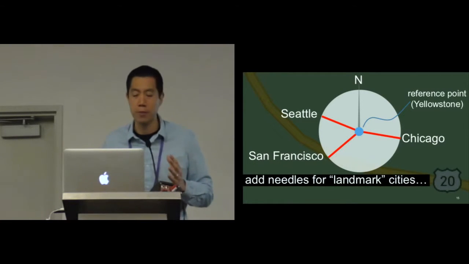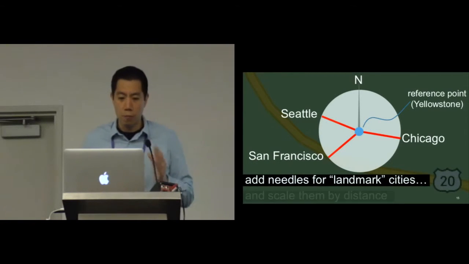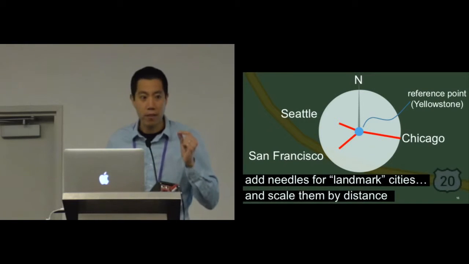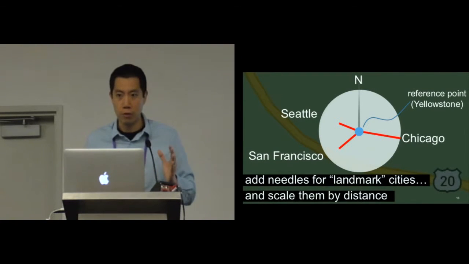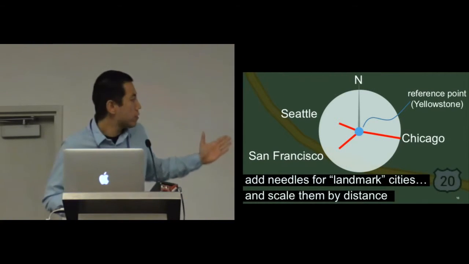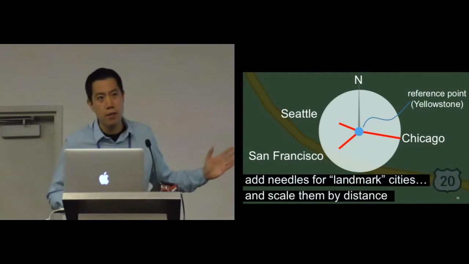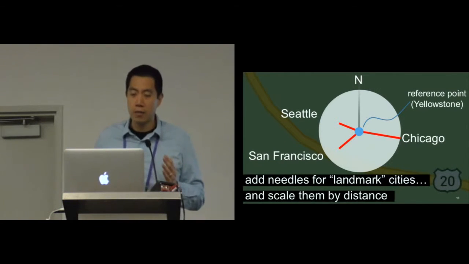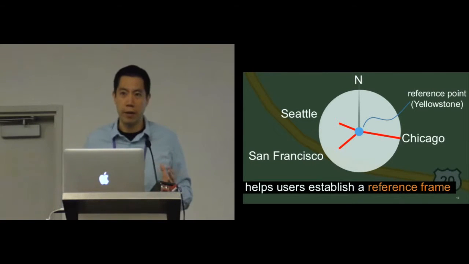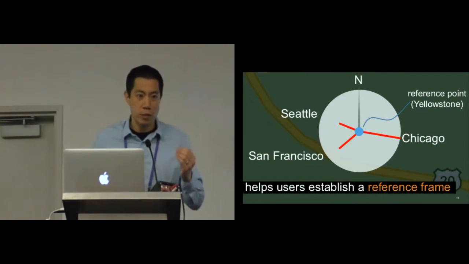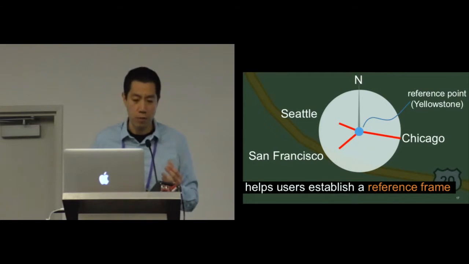This seems to be promising. If we scale the needle such that the length of each needle indicates the distance to each city, now this compass, a P-compass, essentially uses landmark POIs to help users establish a reference frame. In doing so, P-compass provides an approximate answer to the where is X question.